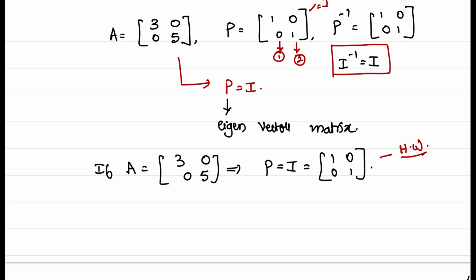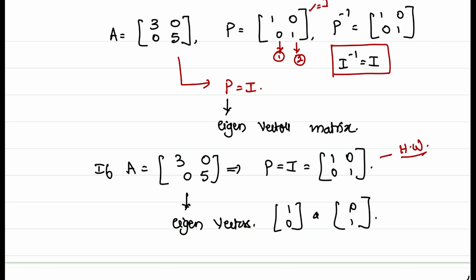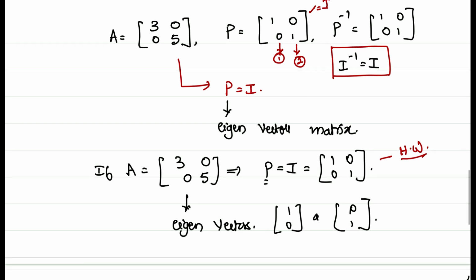The eigenvectors are [1 0] and [0 1]. The column matrix of these, when you combine these two, gives P equal to [1 0; 0 1]. P inverse is also I.